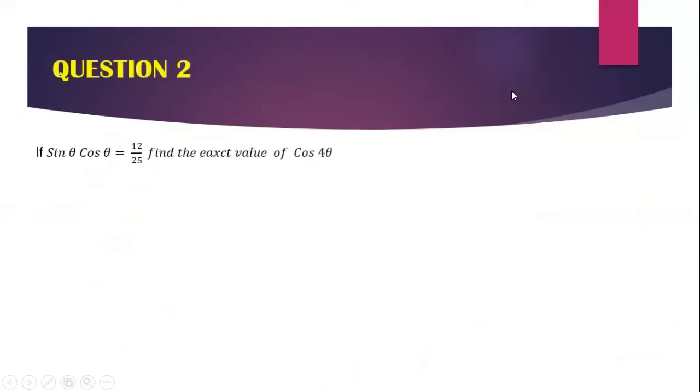Okay, if sine theta cosine theta equals 12 over 25, find the exact value of cosine 4 theta. That's very easy, right? Here we are. Sine theta cosine theta equals 12 over 25.